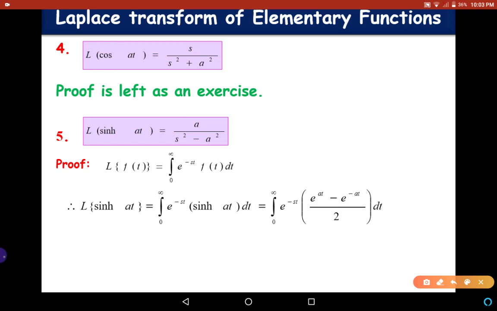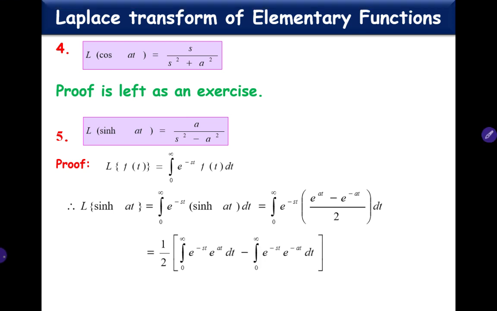Now we take 1 by 2 outside and multiply e power minus st into e power at and e power minus st into e power minus at. Then we get 1 by 2 times the integral 0 to infinity e power minus st into e power at dt minus the integral 0 to infinity e power minus st into e power minus at dt.